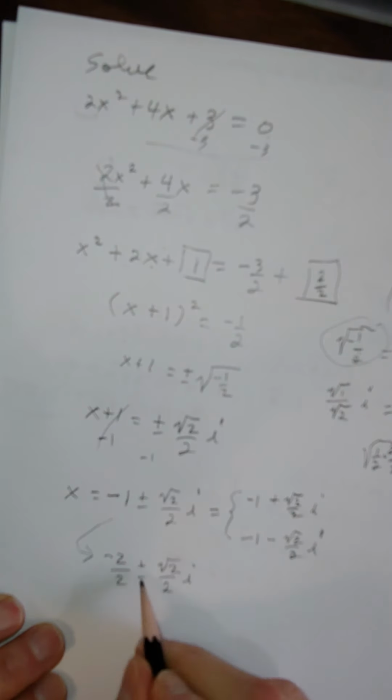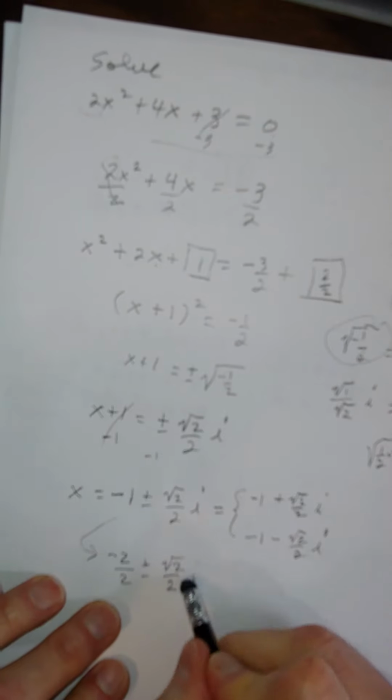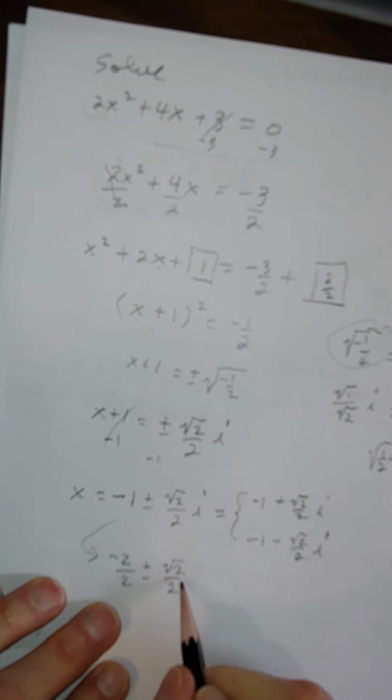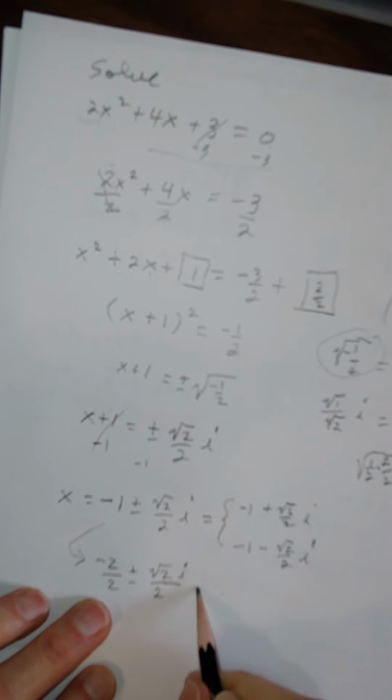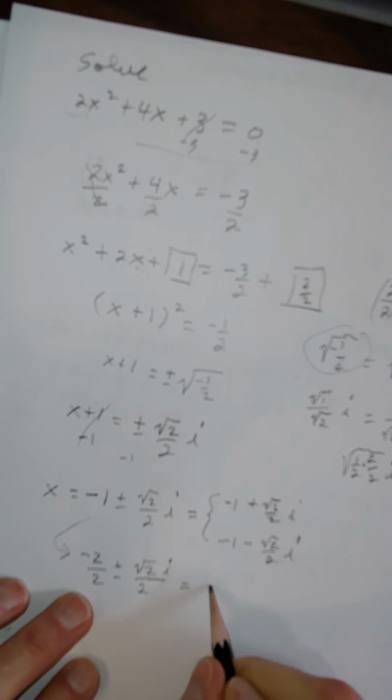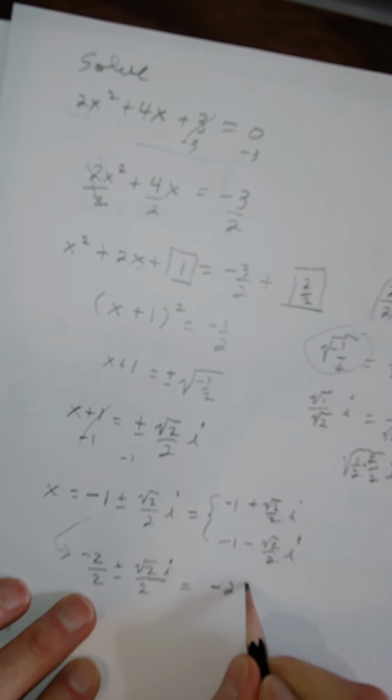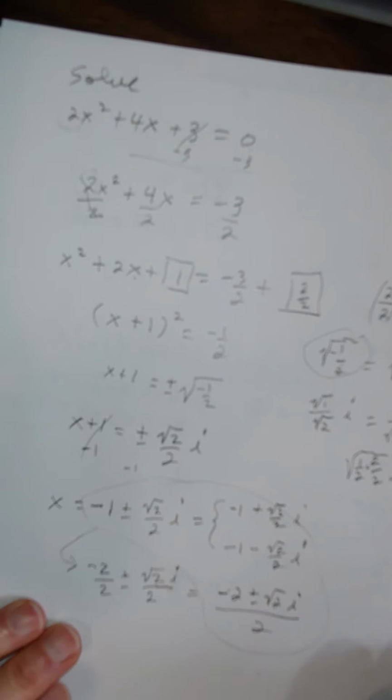And then add these, and think of this as the square root of 2 times i up here. And since the denominators are both 2, we could write it as negative 2 plus or minus the square root of 2 i, all over 2. All those mean the same. This one's not in simplest form, but all these, they're all the same. Different ways of writing it.